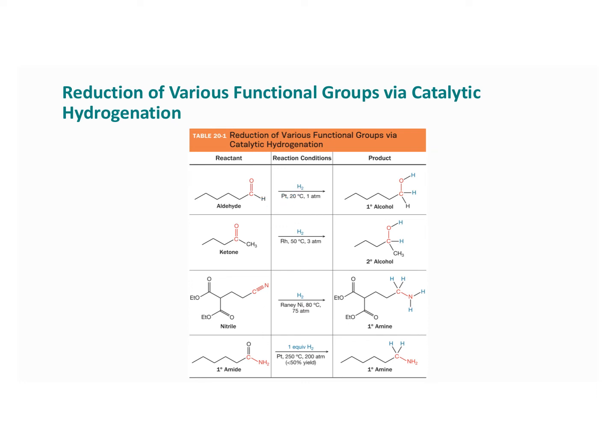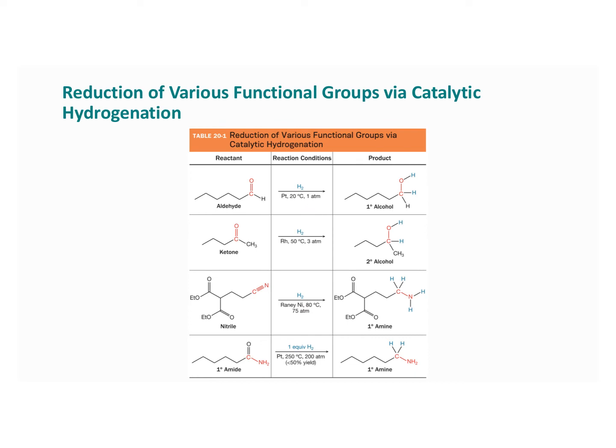If you go from an aldehyde to an alcohol, it takes place under pretty decent conditions: we have H2 and platinum is used as a catalyst. You can go from a ketone to an alcohol with hydrogen gas using rhodium as a catalyst, and the temperature increases and the pressure increases.